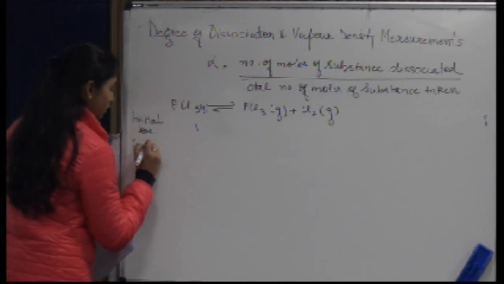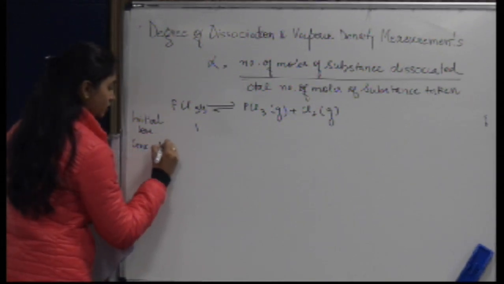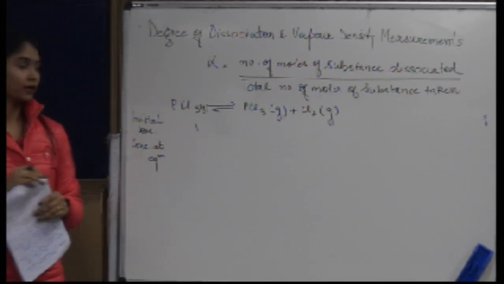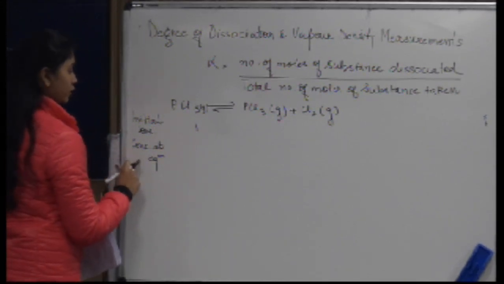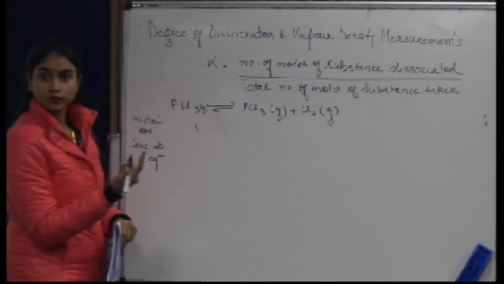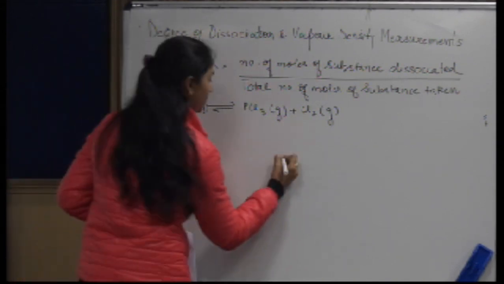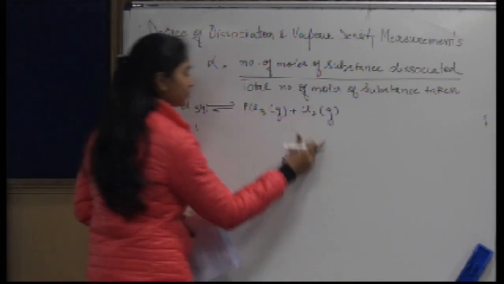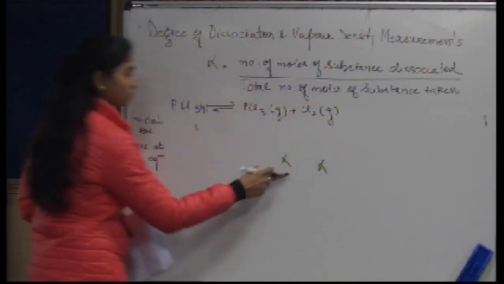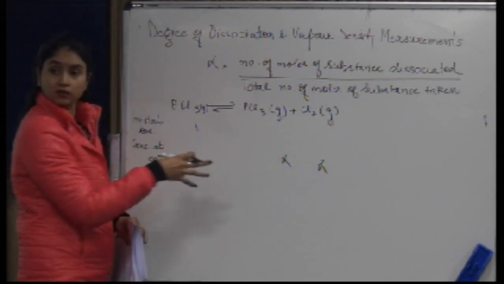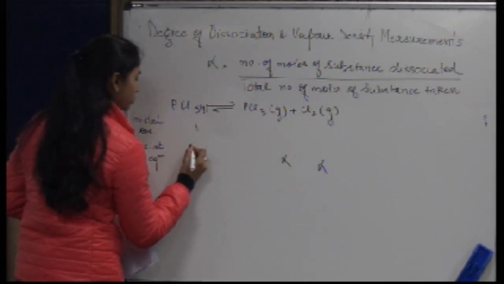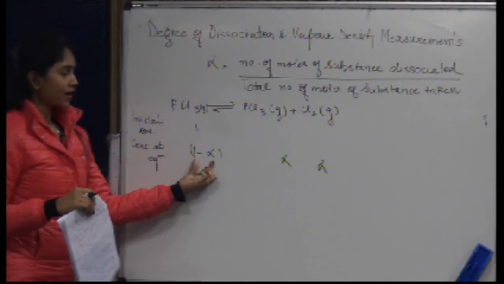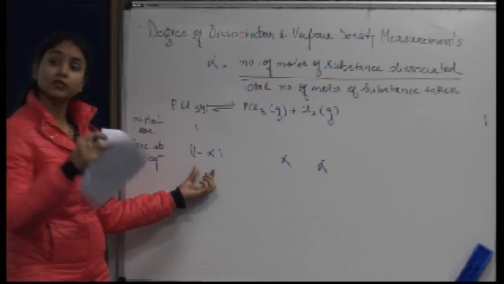Then we need to know the concentration at equilibrium. Let us say that alpha is the degree of dissociation, and alpha amount of PCl3 has been formed. Similarly, alpha amount of Cl2. So PCl5 would become 1 minus alpha, the amount left after dissociation.